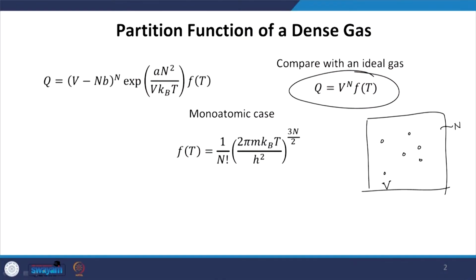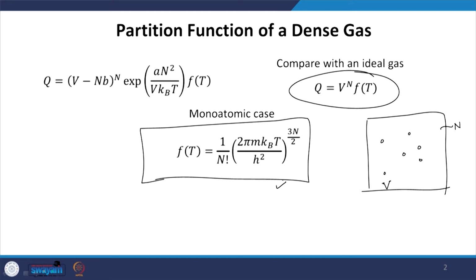And so if I have n particles, we have V to the power n number of ways of distributing it, proportional to that, and then there has to be a function of T.